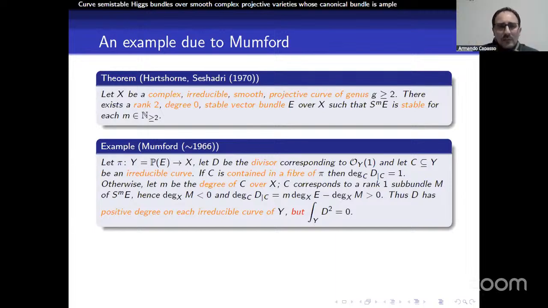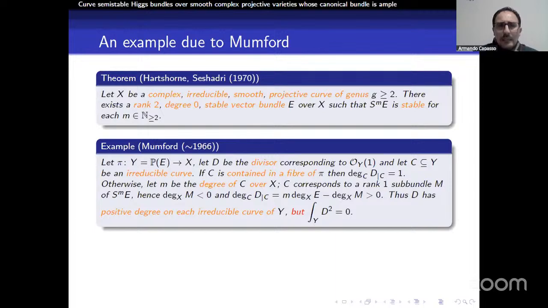Okay, I consider the projective bundle of E, which I call Y, with the canonical projection pi from Y to X. I consider the divisor D corresponding to the tautological bundle of E, and by C I mean an irreducible curve in Y. If C is contained in a fiber of pi, then the degree of D over C is equal to 1.